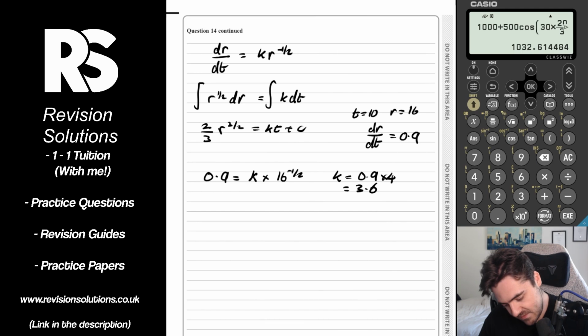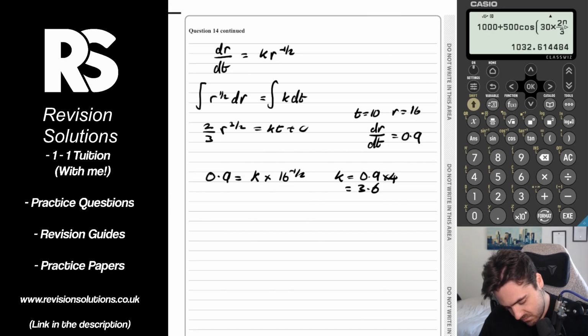And now we have k, we can plug that in to find c with the other information. So we got 2/3 of r, which is 16 again, to the 3 over 2 equals 3.6 times t, which is 10, plus c.